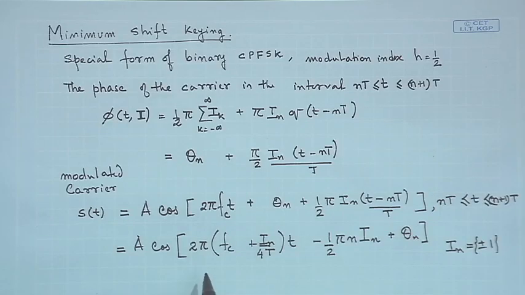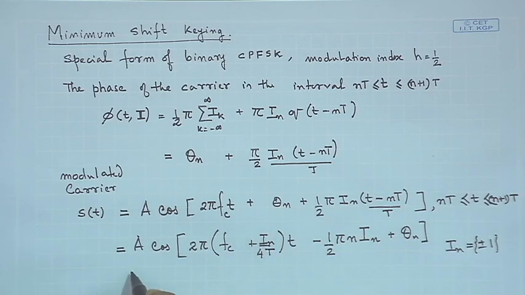CPFSK. So, moving into this expression, what we can see is that this term we could view it rather as there are two different carriers. So, we could write that f 1 is equal to f c plus.